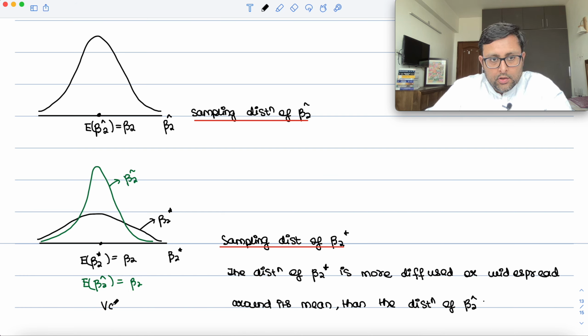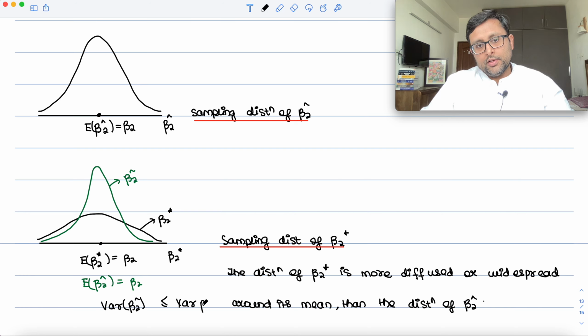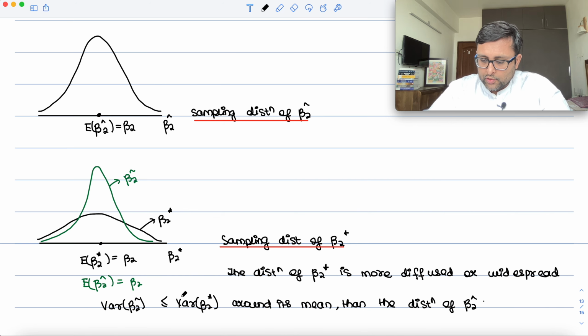So basically, you want to say that the variance of beta 2 hat is less than or equal to the variance of beta 2 star. Beta 2 hat is the OLS estimator.